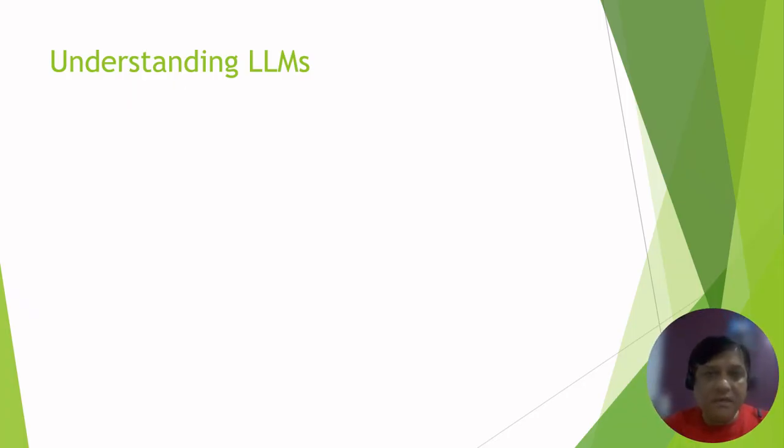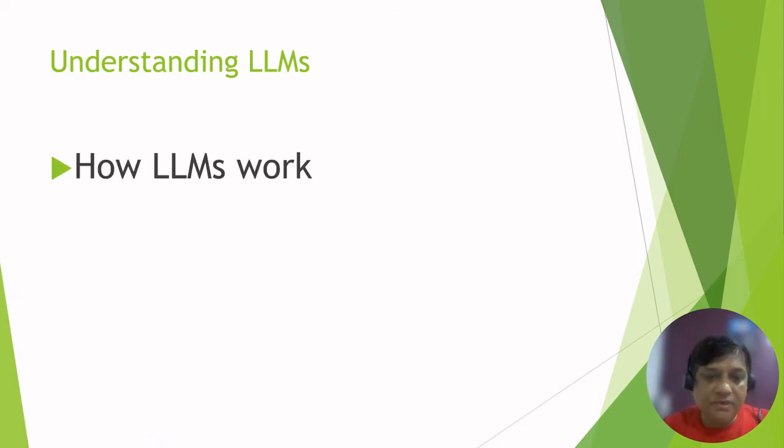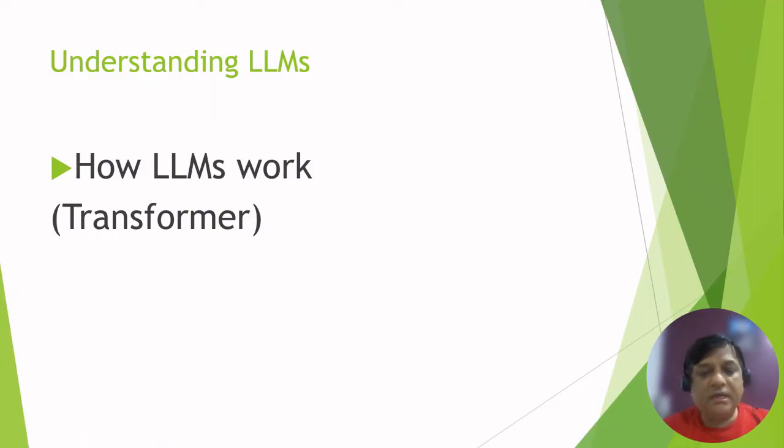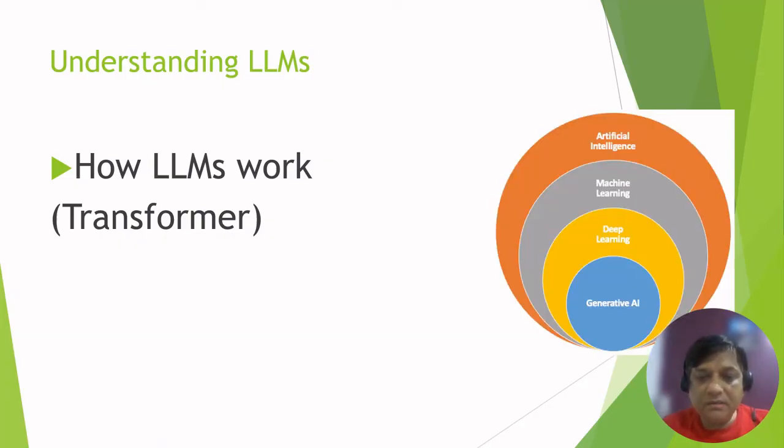So understanding LLMs, how the LLMs work. It's like the transformer, as you know, GPT, generative pre-trained transformer. You'll see here that generative AI is at the lowest. Above that are deep learning, machine learning, and artificial intelligence. So it has already been trained. Machine learning trains the models, deep learning trains it, and then finally generative AI gets the data of the pre-trained transformer.